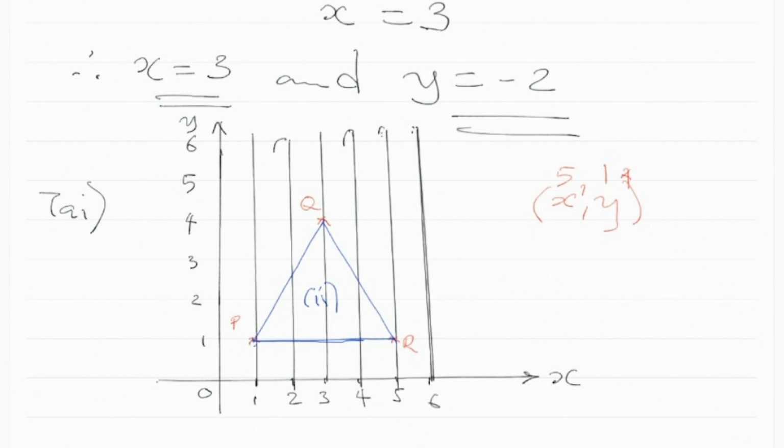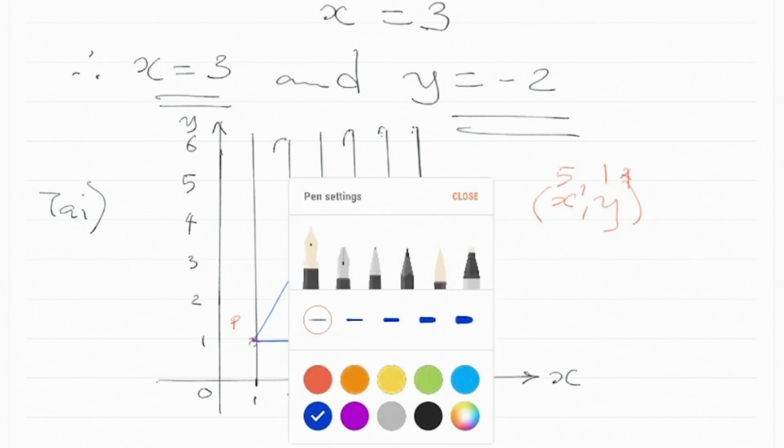Let me use a different color there, probably purple. So 6 is here. We are saying, draw the graph of x equals 6.